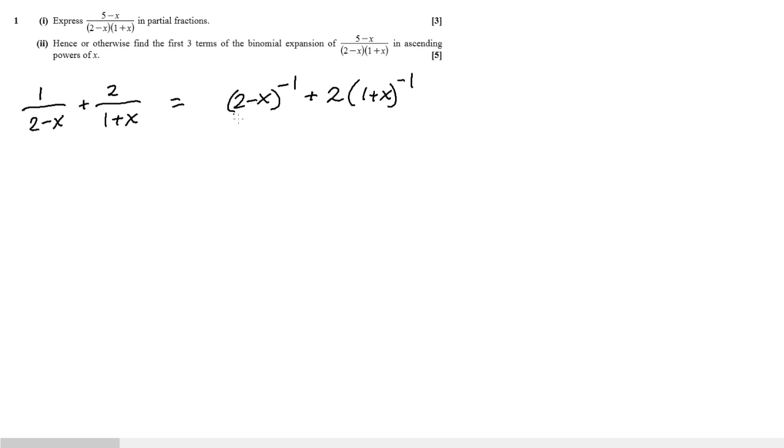For this one, you can't actually do binomial expansion because of the 2 in front, which means that you need to take a factor of 2 to the -1 out: 2 to the -1 times (1 minus x over 2) to the -1, add 2 lots of (1 plus x) to the -1.